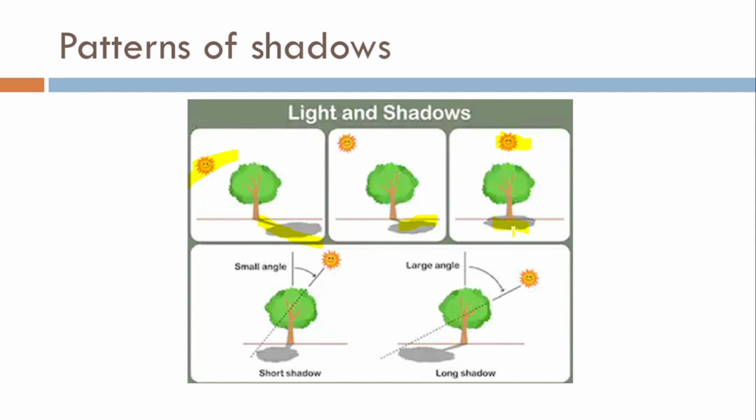It's going to be hard to find your shadows because they become really short. But when the sun sets in the evening, the position of the sun will change again, and it becomes lower in the sky, and the shadows become longer too, in a different direction.